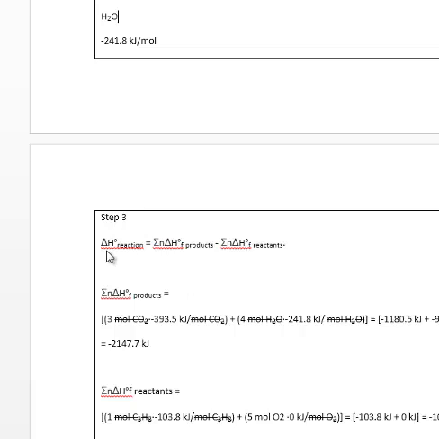Step 3. Delta H reaction at standard conditions equals sigma n delta H of formation of products at standard conditions minus sigma n delta H formation standard conditions of reactants.